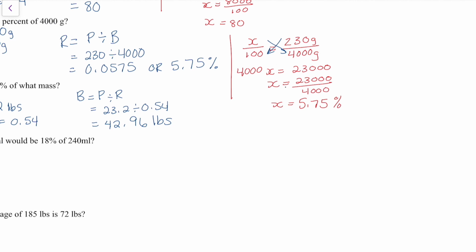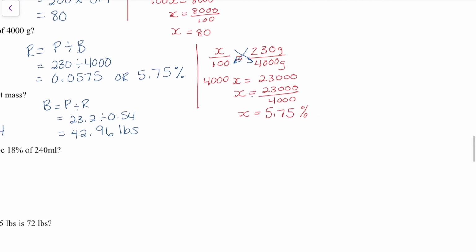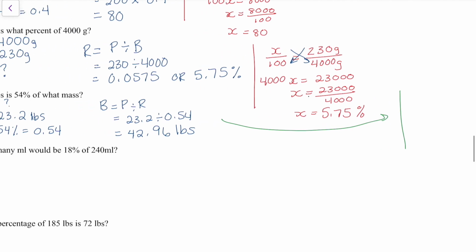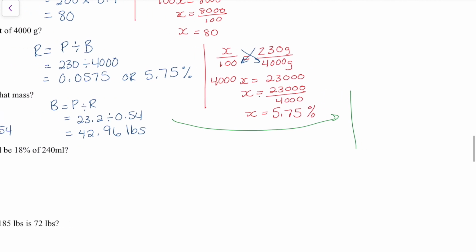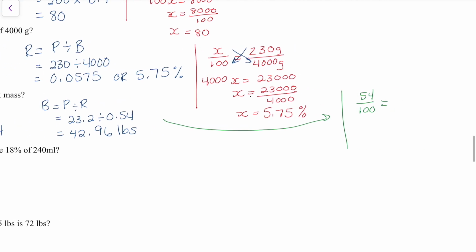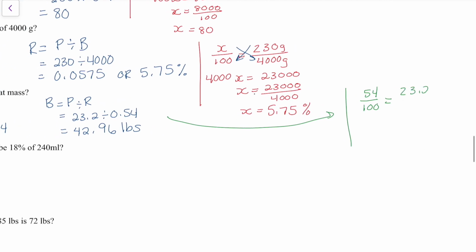And if I'm doing this the proportion way, we'll do it in green over here so we can differentiate between question 2 and 3. So in this case, what we're going to do is it's 54 out of 100. And it's saying that 23.2 is 54.